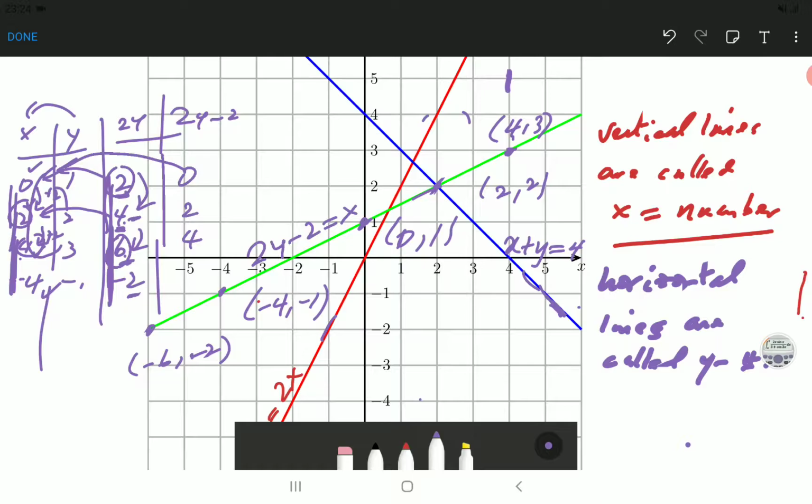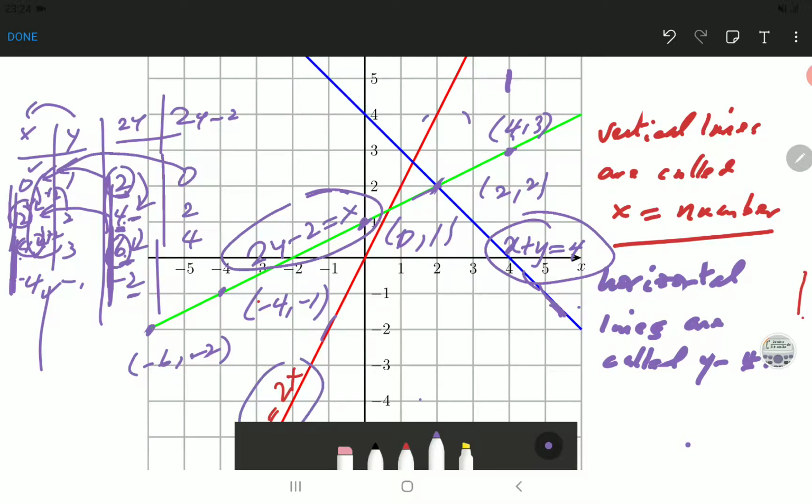But the point of this section was to show you the meaning of something like 2y minus 2 equals x. What does it mean? x plus y equals 4. What does it mean? Where does it come from? Or indeed, y equals 2x.